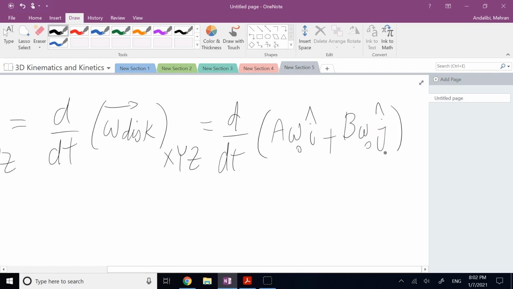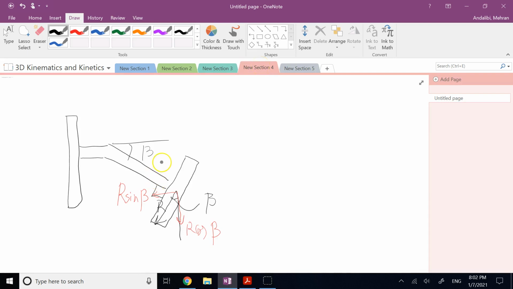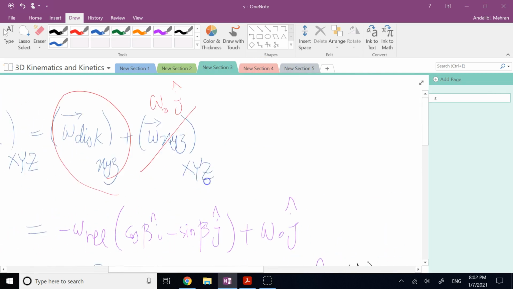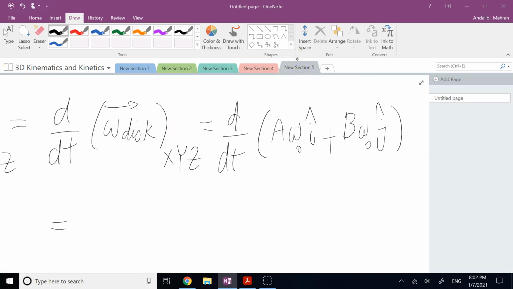Again, A is constant, omega naught is constant, but remember i and j are not. When I take the derivative, since i and j are attached to the frame that is itself rotating with angular velocity capital omega, in this case omega naught j, they have time derivatives.